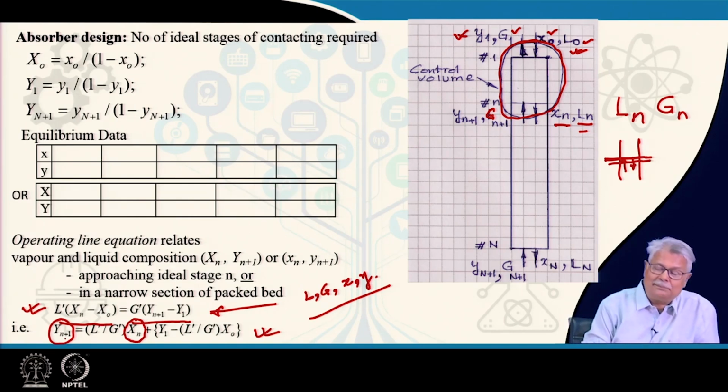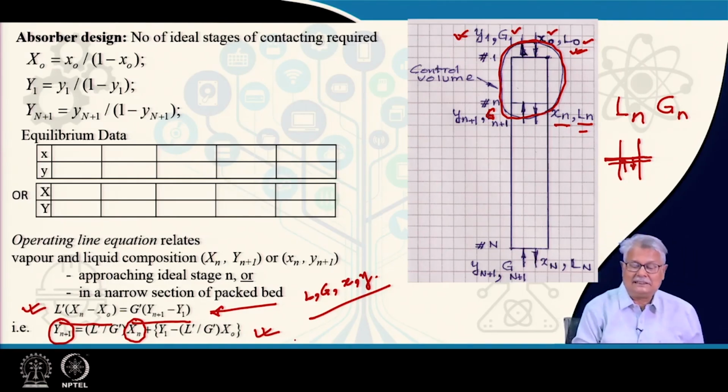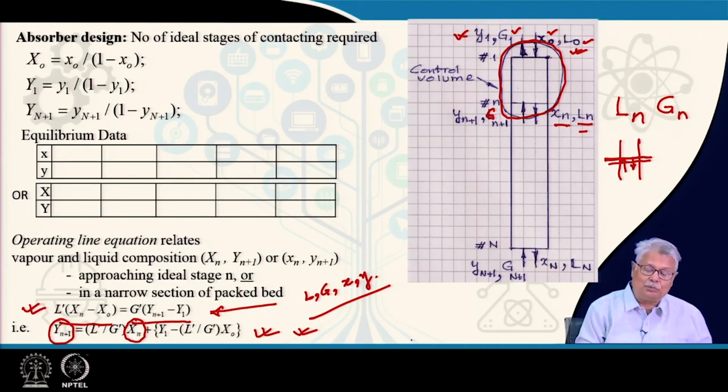Yn plus 1 is the vapor approaching the nth ideal stage, and Xn is the composition of the liquid leaving that stage and falling down. This is a generalized relationship, so it will definitely be valid all through. I could also remove this y and x, and write this as a generalized expression.